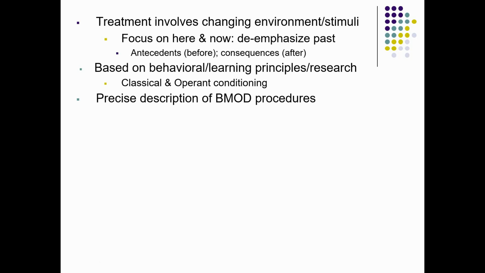Behavior modification also is very focused on precise description of the procedures. So in doing your behavior modification, behavior change project, the whole idea is that we very carefully describe our operational definitions and we track what we are doing.